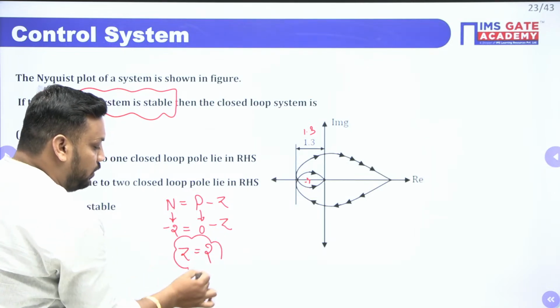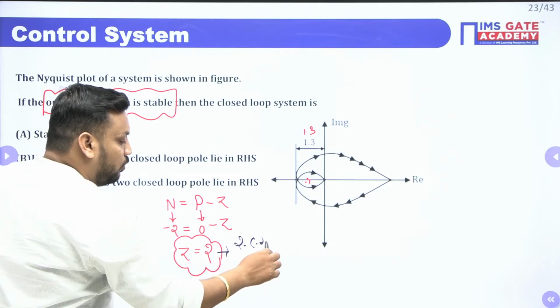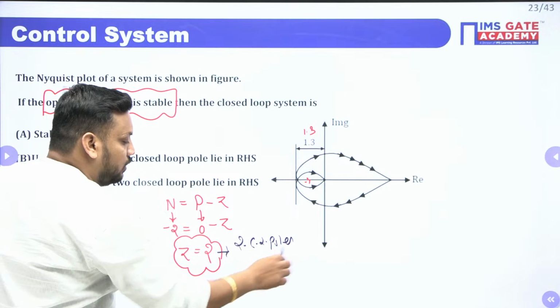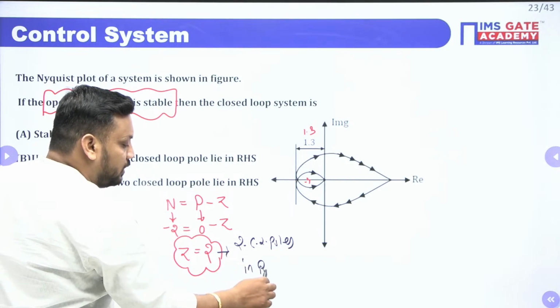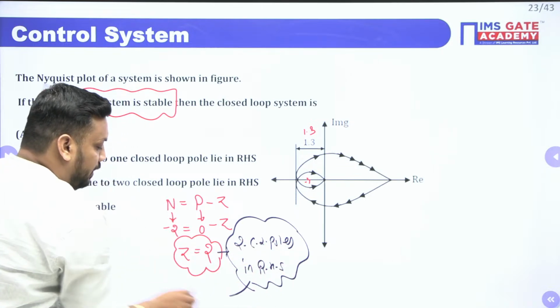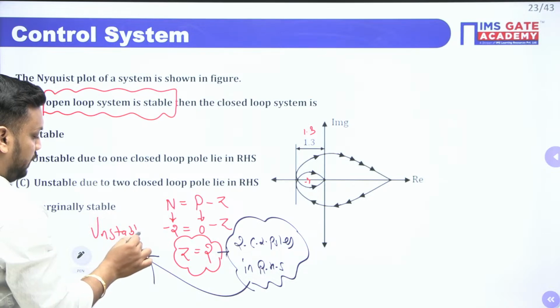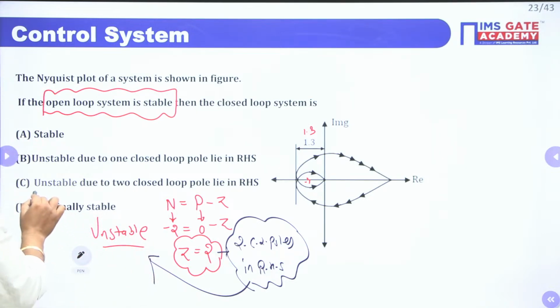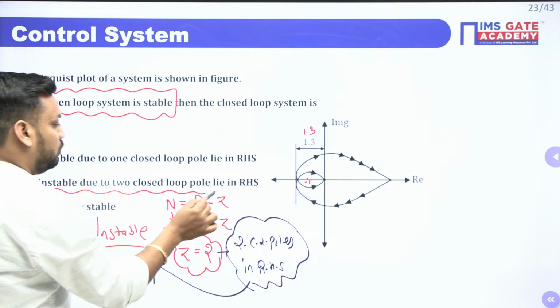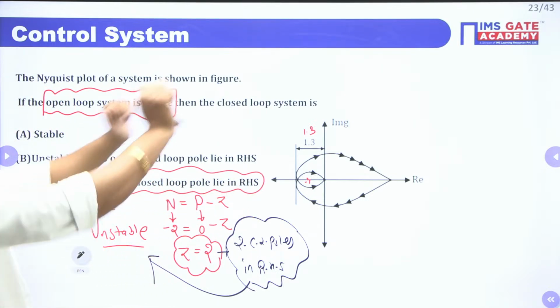And Z value 2 indicates that two closed loop poles lie in RHS, and it will make the system unstable. So the correct answer is the system is unstable due to two closed loop poles lying in RHS. Correct answer option number C.